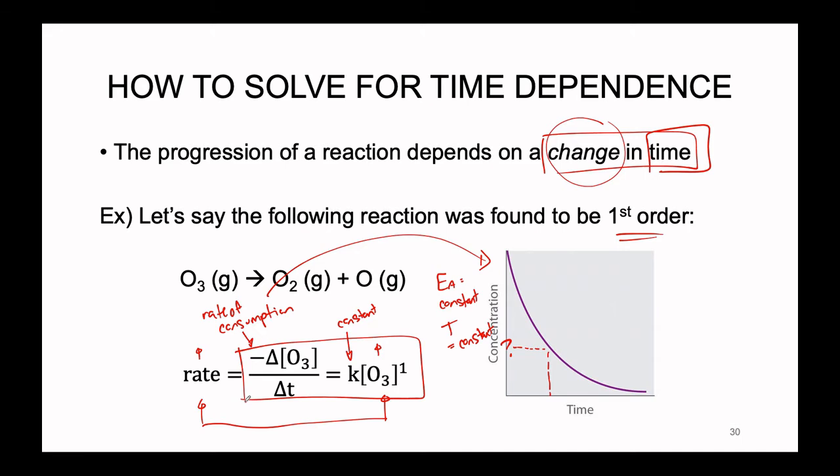in order to rearrange what I have just boxed to give us one single t variable in relationship to concentration and our rate constant.